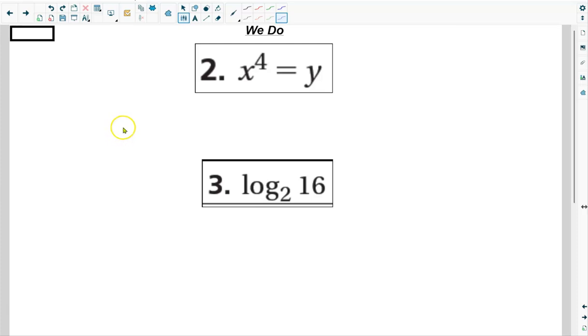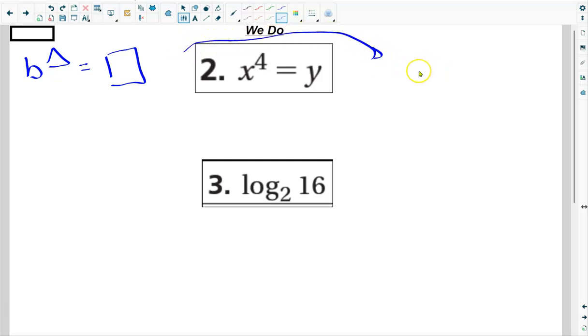So this is our notes. Let me just copy them here. Base B, because this is an exponential, I can tell that right away. So that's going to become what? You can look at the notes. Log base B of whatever's in the square equals the triangle.